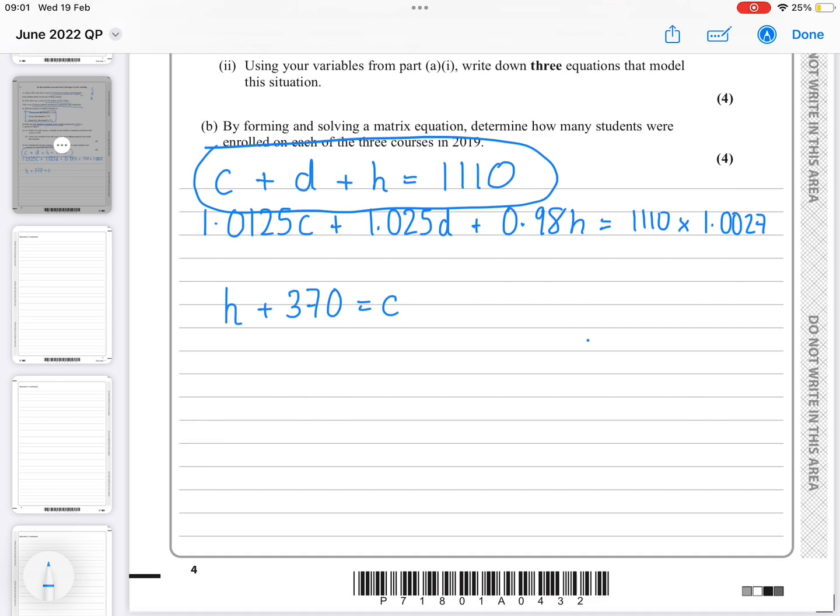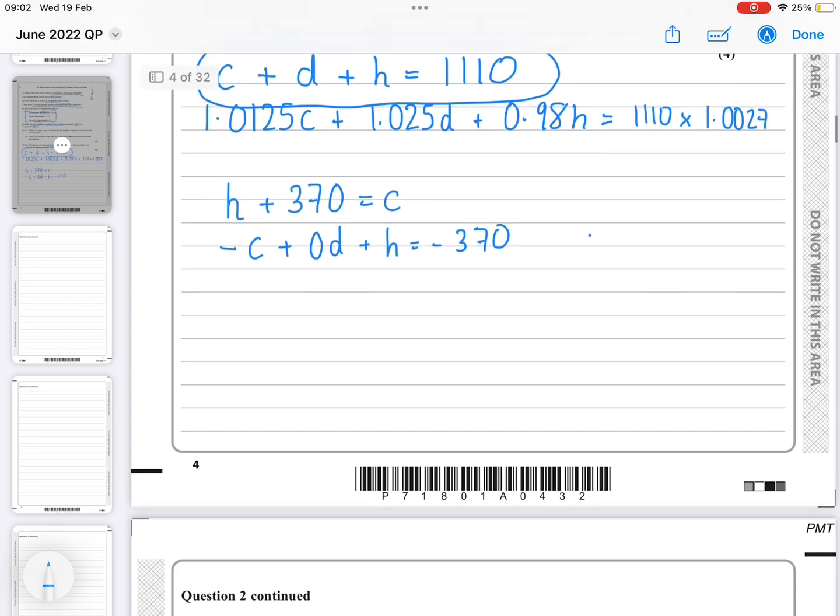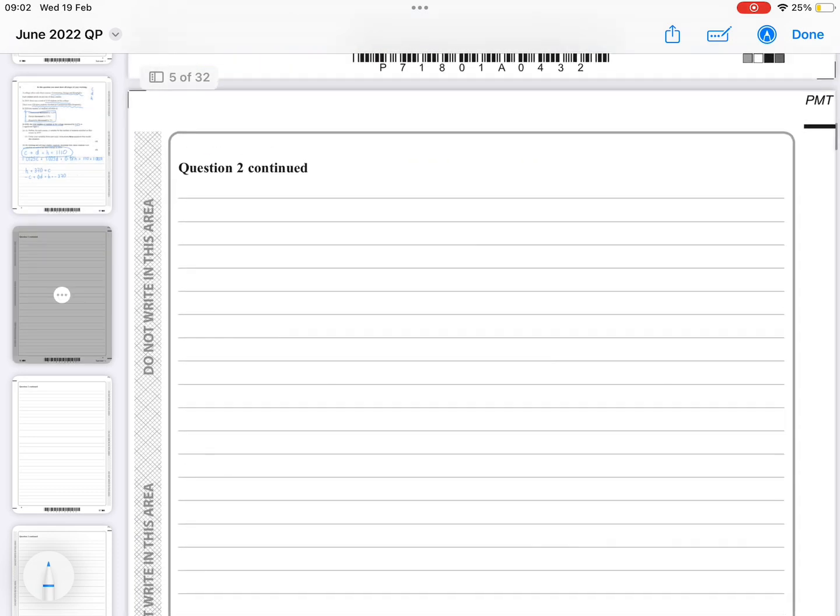So we will rearrange to make 370 the subject of one side. So we have minus C plus 0D plus H equals minus 370. And now that we have our three equations in C, D, and H, we can start using matrices to solve them. So I'll come down here to do this.